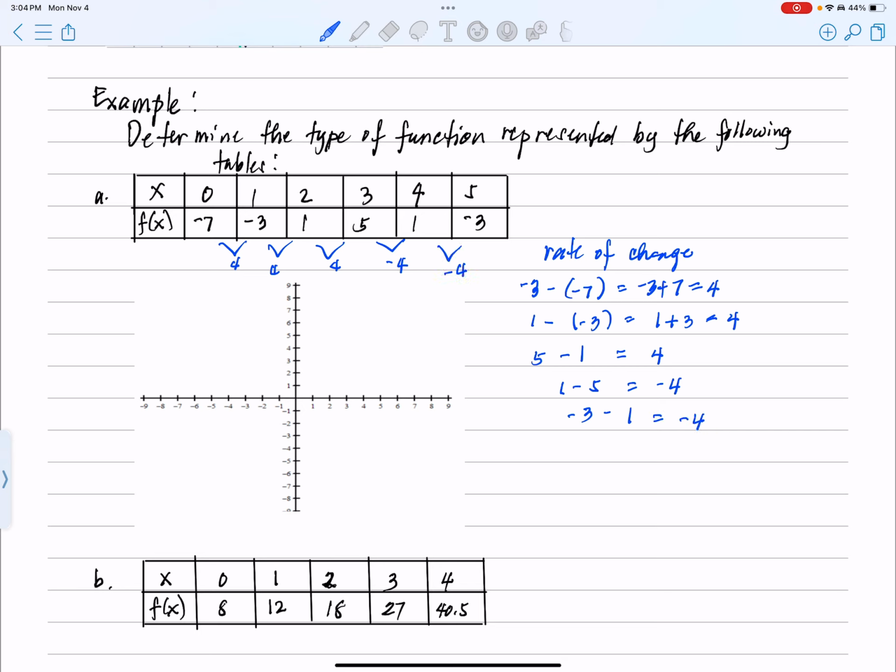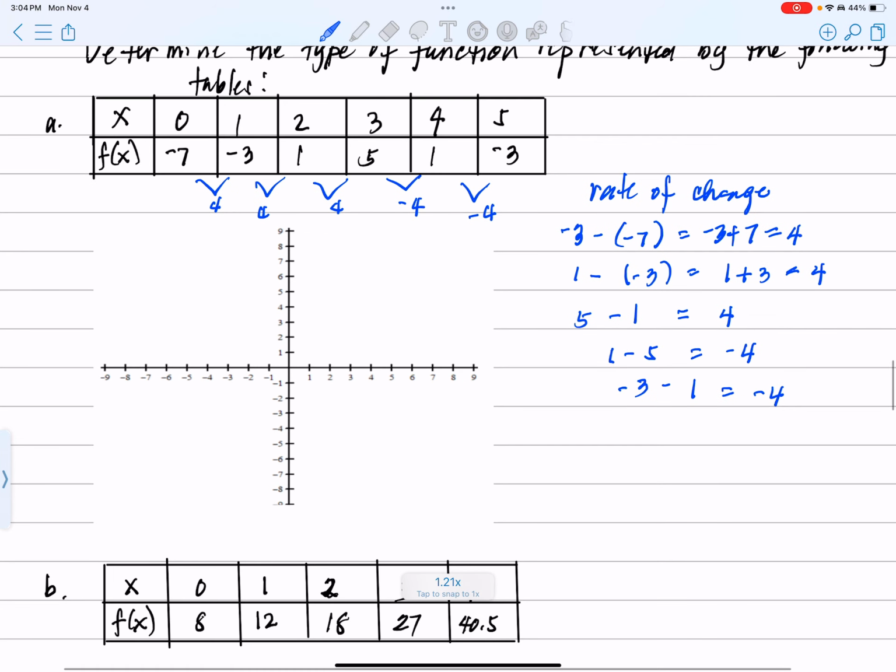Okay, let's do some inspection here. Since this part has a positive constant rate of change, and the other part has a negative constant rate of change, these values represent an absolute value function.